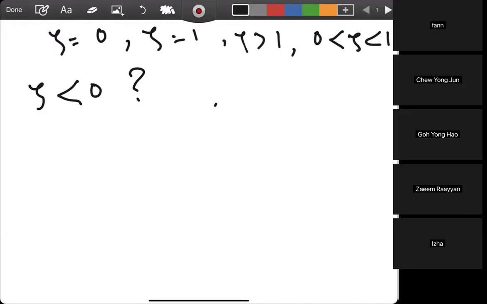What is zeta less than 0? This is category number 5. Zeta 0 is undamped, zeta 1 critically damped, greater than 1 overdamped, then between 0 and 1 is underdamped. So when the question asks what is the name of zeta less than 0?